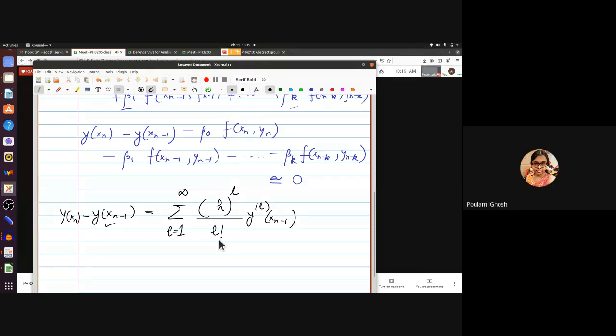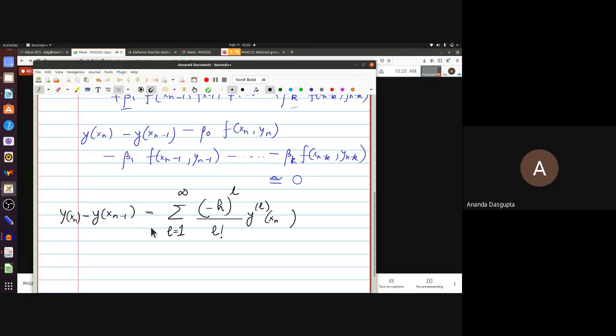Yes, sir. Okay, so if we are writing this, using the fact that I'm taking all these derivatives not at xn minus 1 but at xn, then this is really not the Taylor series that you were thinking of. It's actually slightly different. It's actually the Taylor series done at y of xn, where you use minus h as an increase in x.